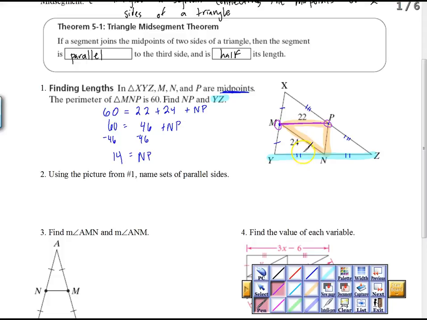So this 22 is actually the same measurement as YN and NZ. So overall, YZ has a length of 44 units.